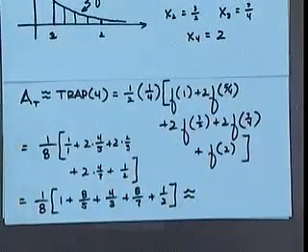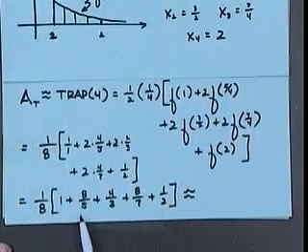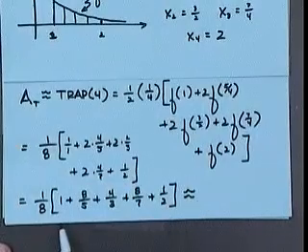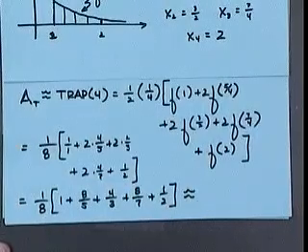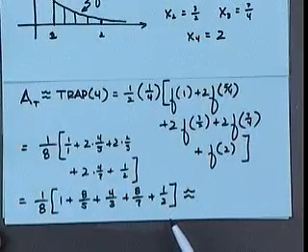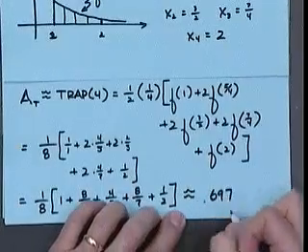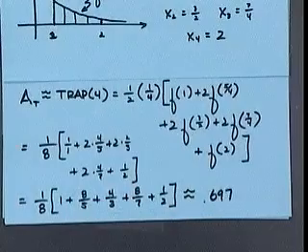It's approximation anyway, so let's not kill ourselves with denominators. Let's use our calculator to add these up. Divide by 8. And we better get something fairly close to 0.693. I think it's 0.697. Is that right? To the third decimal place? That's pretty good.